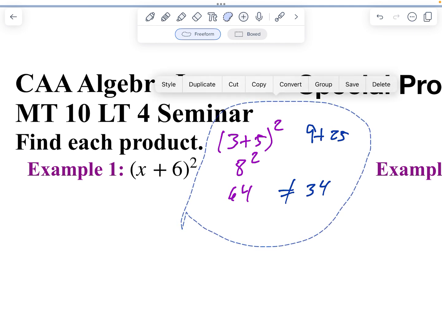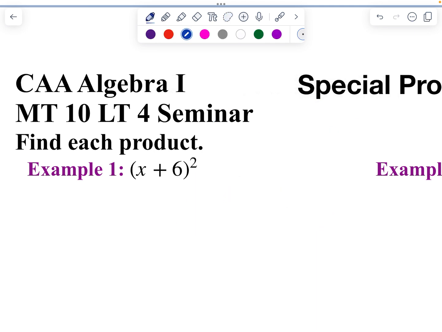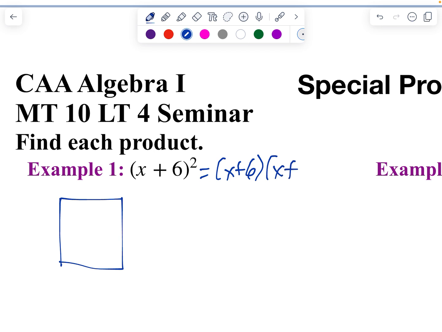So if you don't distribute, what do you do? Well, you do exactly what we learned in the last lesson, and there might be a pattern here that might save us some time. So if I have x plus 6 squared, that means x plus 6 times x plus 6.